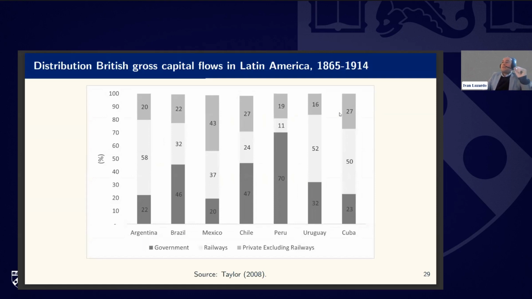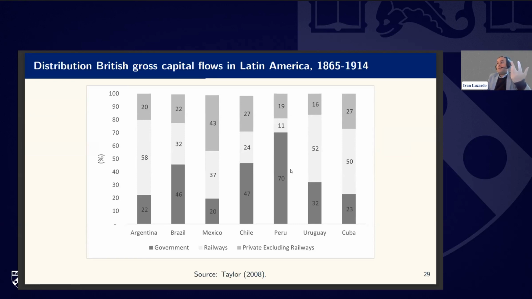Also, we wanted to know not only capital flows, but also how that capital was allocated. And again, we will see a difference between countries. In the case of Uruguay and Argentina, railroads accounted for a larger share of the foreign investment.